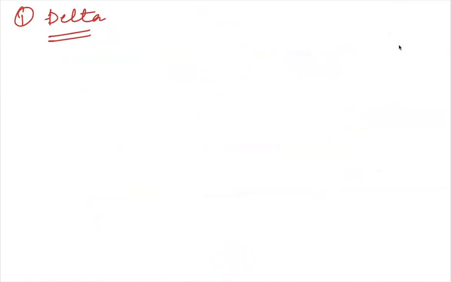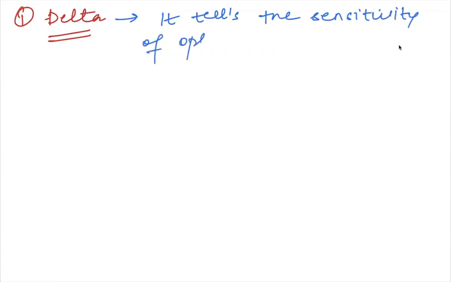Okay, so what is delta, right? As I said, delta is nothing but the sensitivity of option price with respect to the underlying asset.